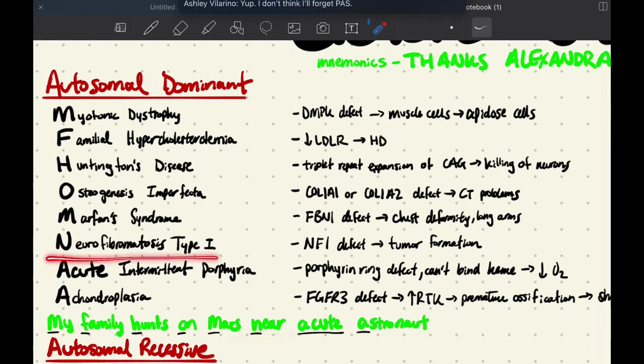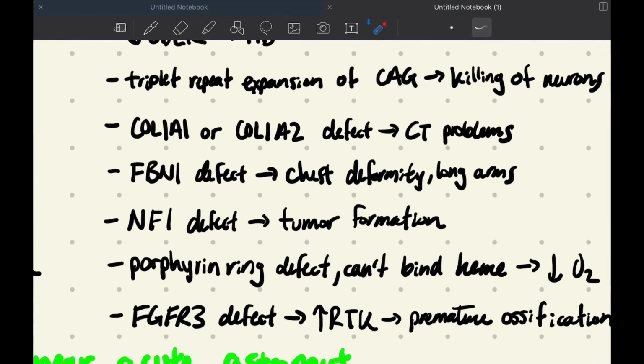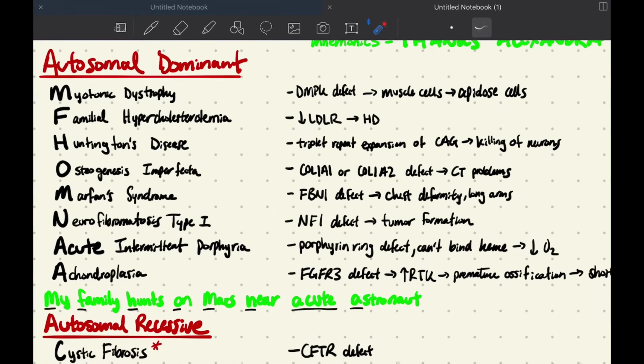"Near" is going to correlate with neurofibromatosis type 1. That is going to be an NF1 gene defect that codes for a tumor suppressor. So if you don't have an active tumor suppressor, obviously you're going to have tumor formation, and it's going to start off benign, but it can quickly become malignant if you don't have treatment.